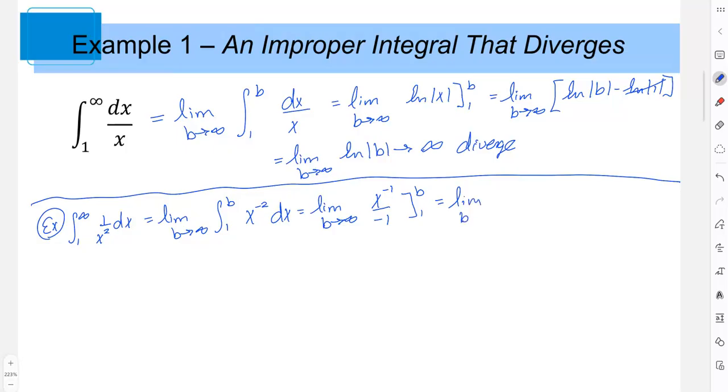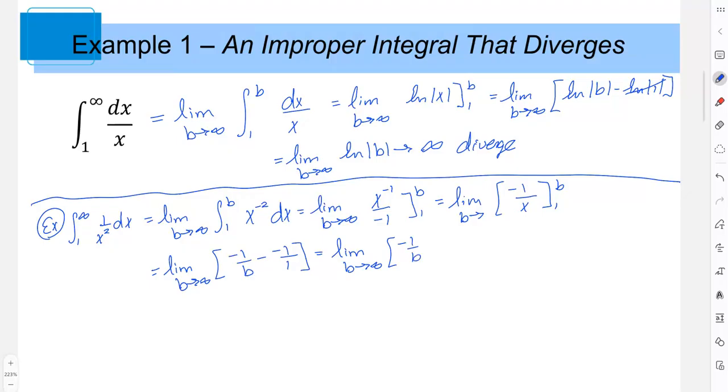So now we have negative 1 over x, and we want to evaluate from 1 to b. So if we plug in the b, minus, plug in the 1, this is going to be negative 1 over b plus 1.